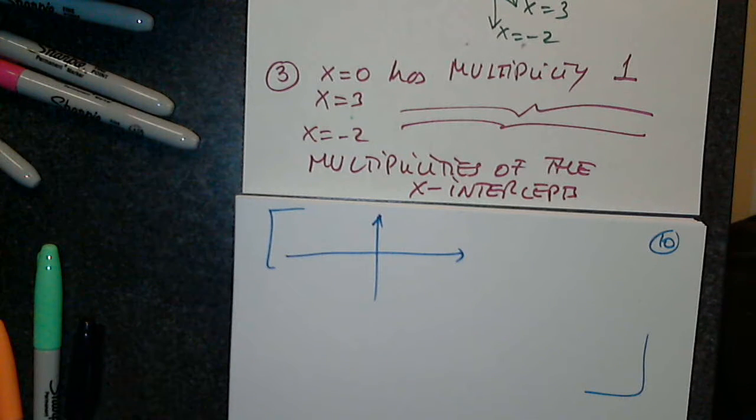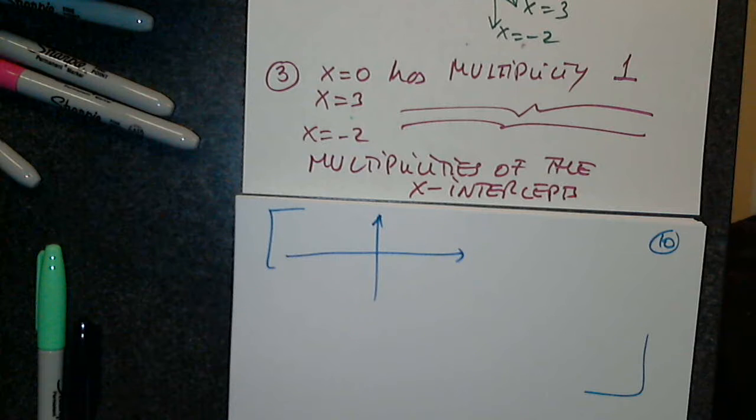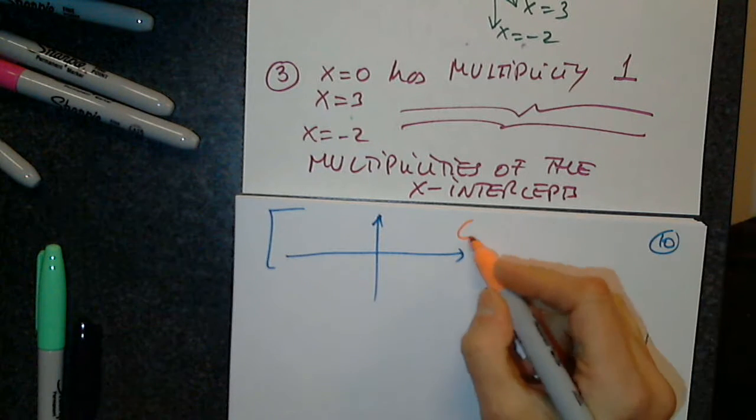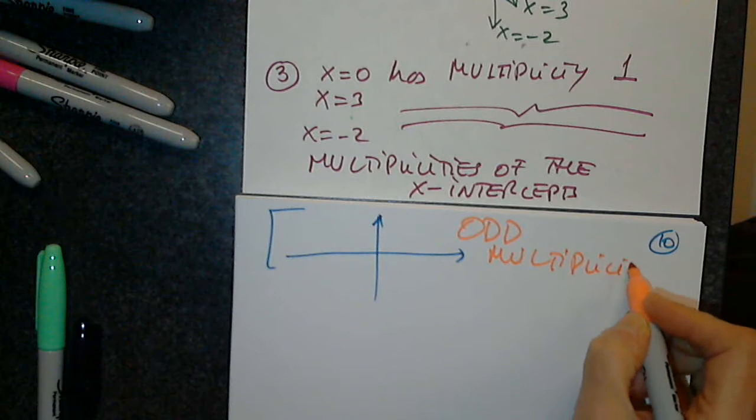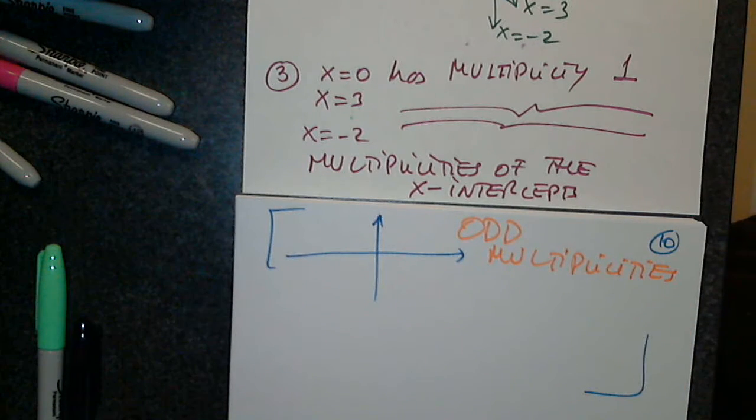Here are possibilities for odd multiplicities. What does odd multiplicity mean? A solution appears, right? So an odd multiplicity would be when a solution or an x-intercept appears once, 3 times, 5 times, 7 times.